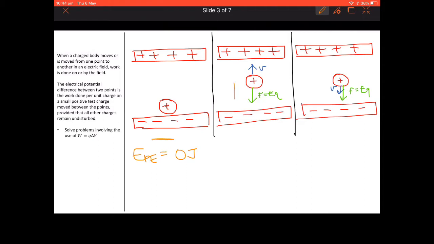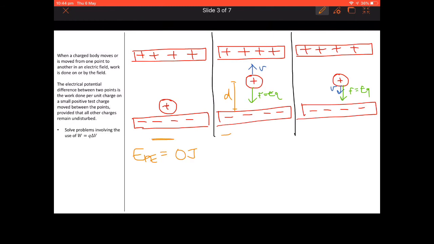In this situation here, our charge has been moved and has a velocity in the upwards direction, and this is opposite to the direction of the electrostatic force. So in this situation, work is done to overcome the electrostatic force of attraction.